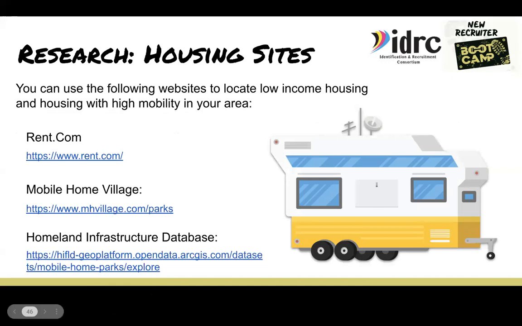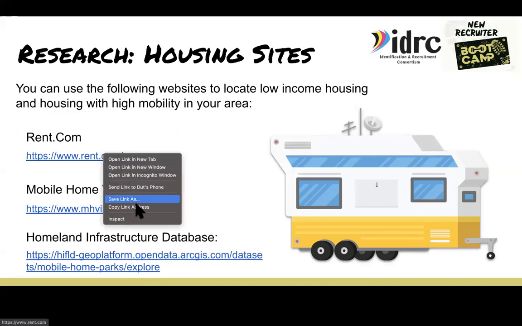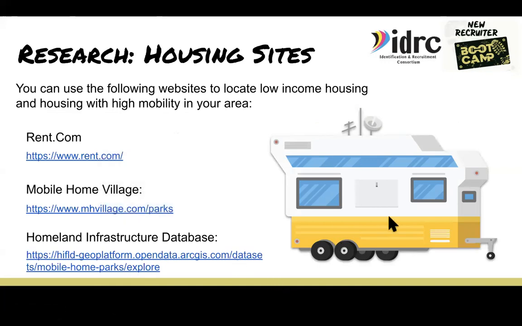You can also use several websites to help locate low-income housing or housing with high mobility in your area. For example, rent.com is a website that you can use to identify those houses where people have been coming and going a lot. You can also use rent.com to identify low-income housing. And then we have two websites here that both highlight trailer and mobile home parks around the country.